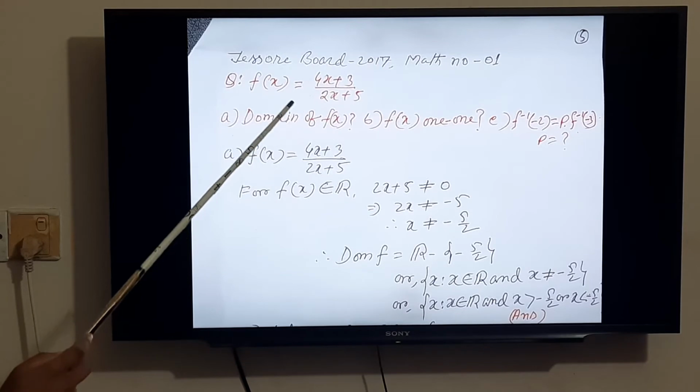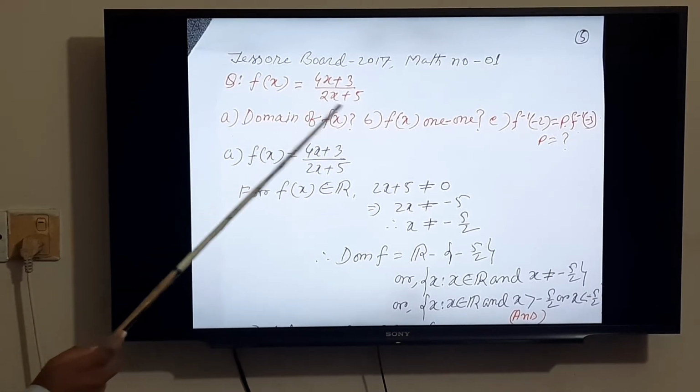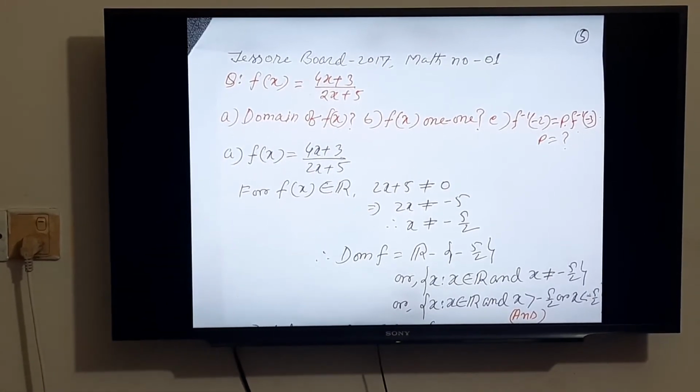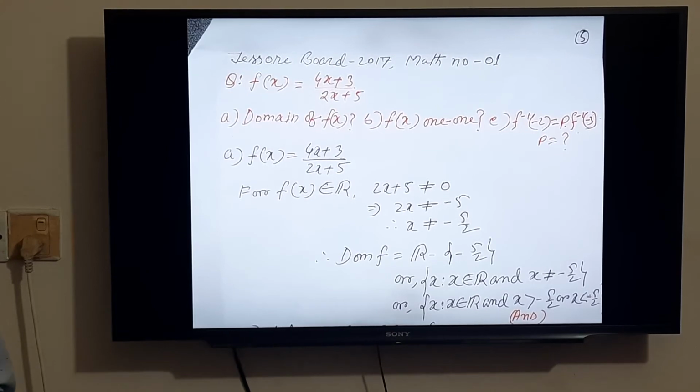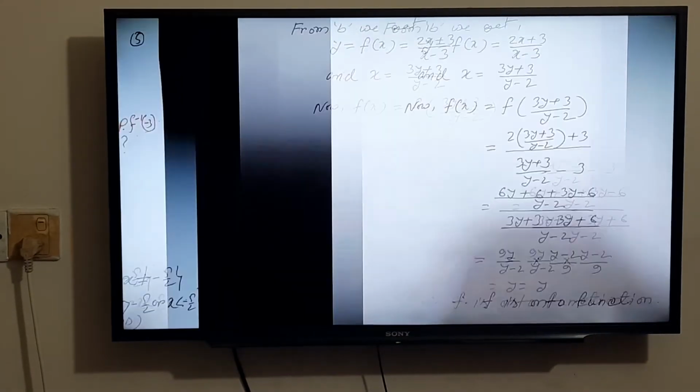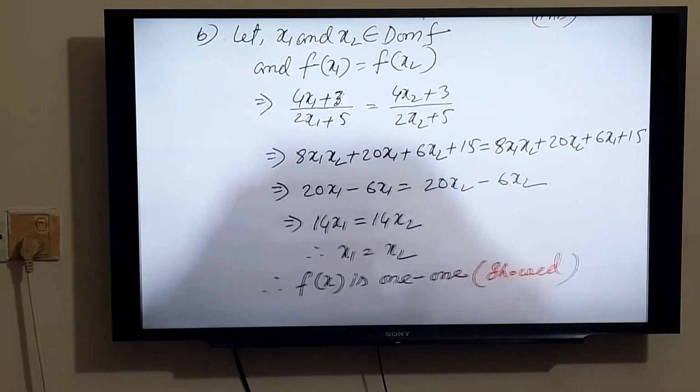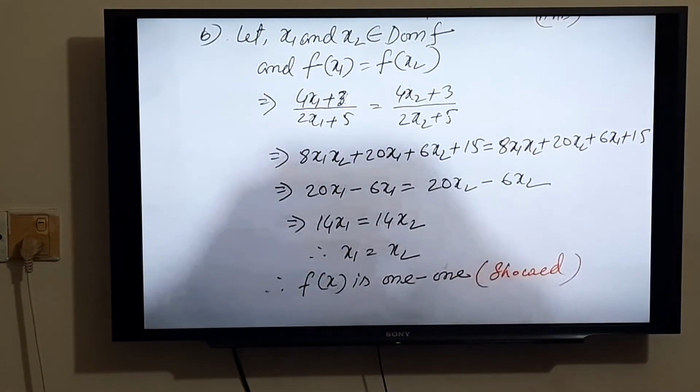Now we have to prove f of x is 1-1. In the previous question we already proved 1-1. What is the procedure of 1-1? Now we can see how we can prove 1-1. It is the same procedure.